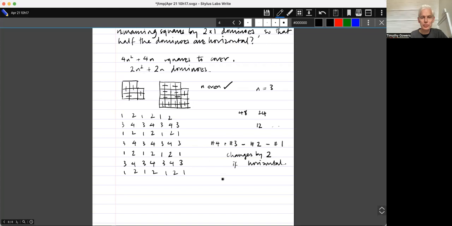What can we say about the verticals? We get the number of 4s plus the number of 2s minus the number of 3s minus the number of 1s changes by 2 if vertical.